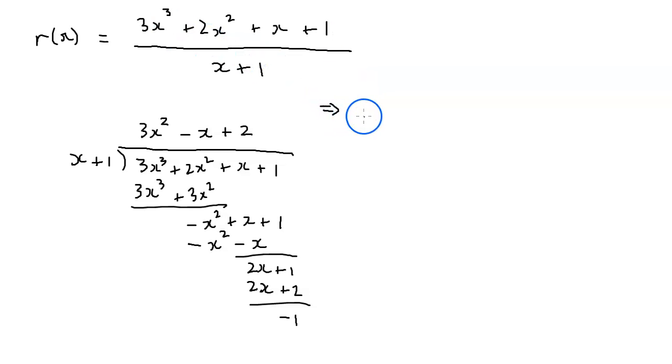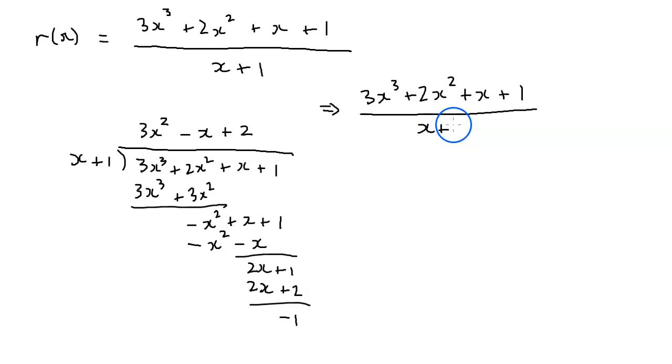And so that tells us that 3x cubed plus 2x squared plus x plus 1 is actually equal to, oh, sorry, for this purpose it's better to keep it as a rational function. So divided by x plus 1. So this rational function is equal to 3x squared minus x plus 2 and then it's minus 1 divided by x plus 1.